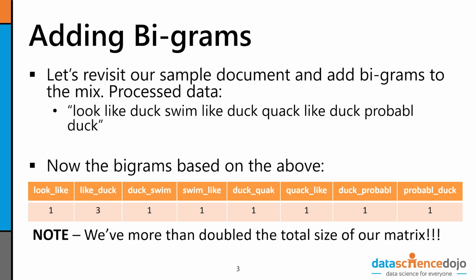We only had 6 distinct terms: look, like, duck, swim, quack, probable. But now we have 1, 2, 3, 4, 5, 6, 7, 8 terms. If we add them together, our 6-column document term frequency matrix becomes a 14-column matrix with our bigrams. This is super important.